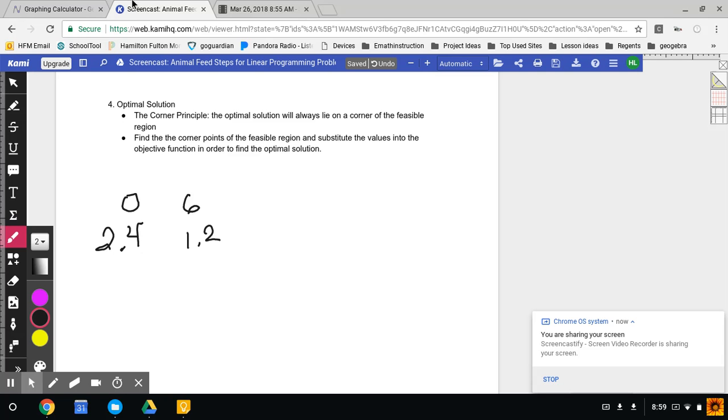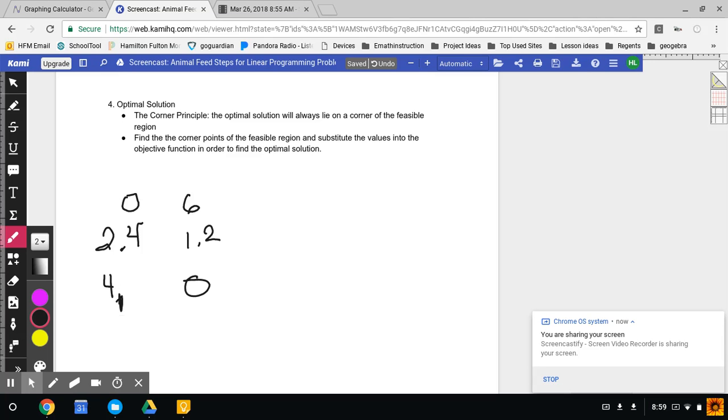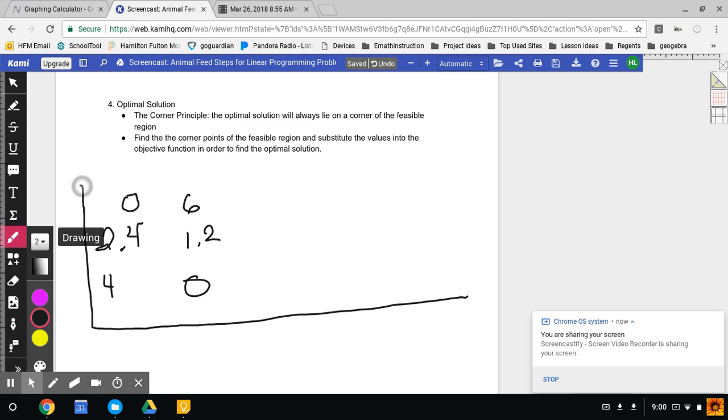So now with that in mind, I'm going to go back and substitute this into my objective function. So those are my x's.